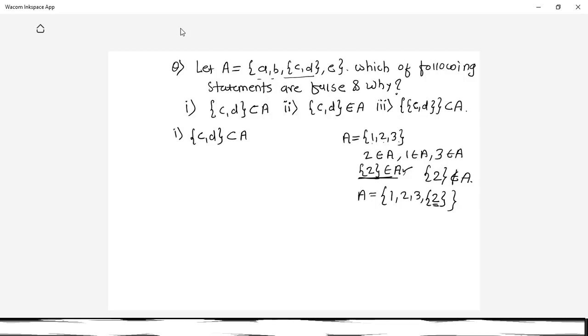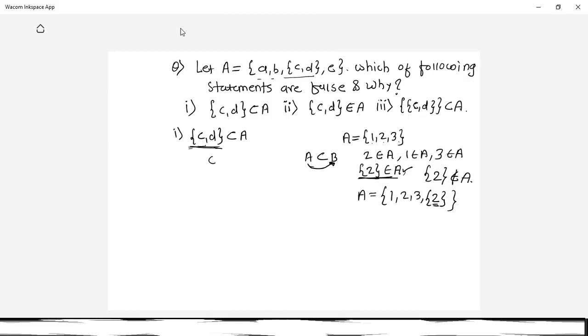Now come back. Whether a set with elements C, D is a subset of A. Just one more thing here. When you say A is a subset of B, every element of set A is an element of set B. Now what are the elements of this set?